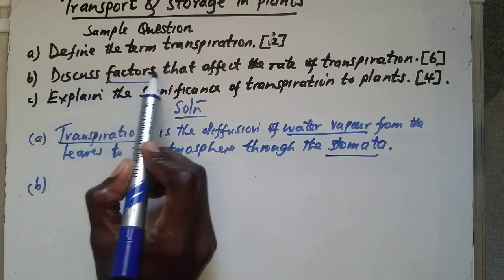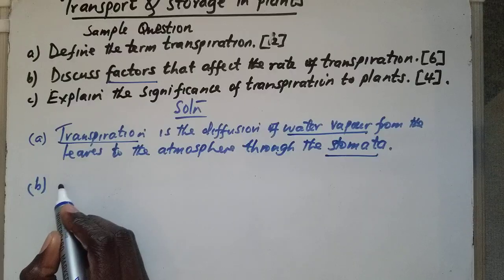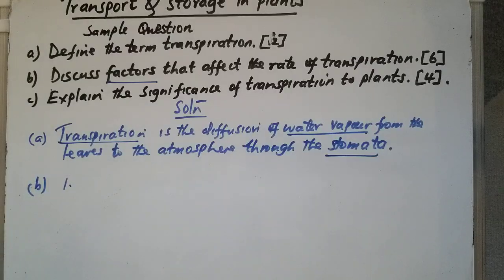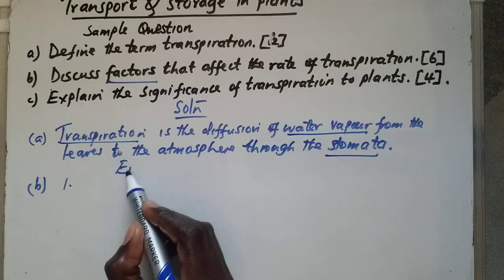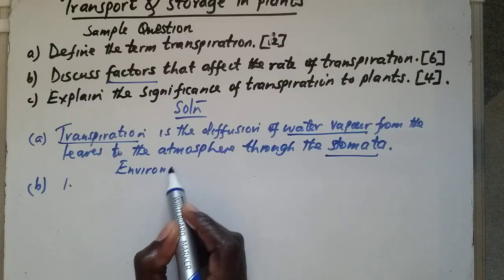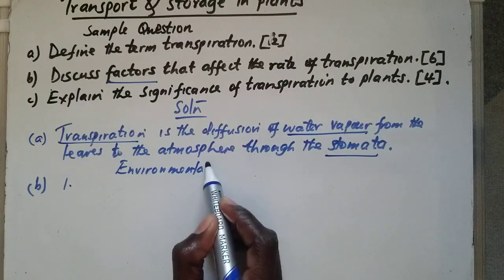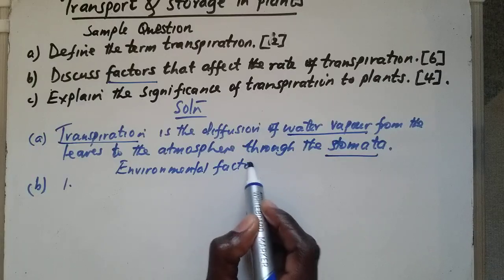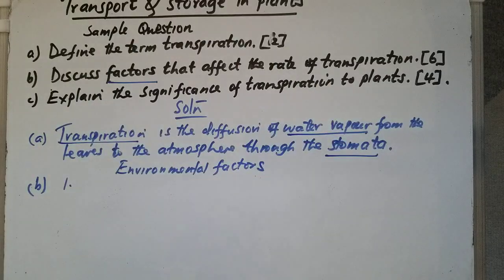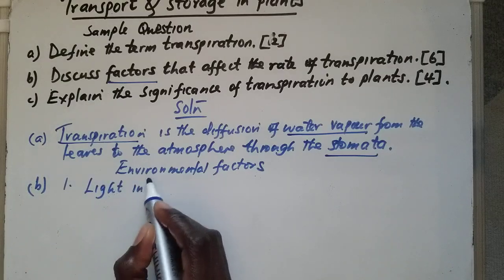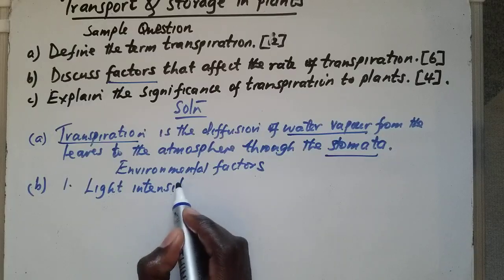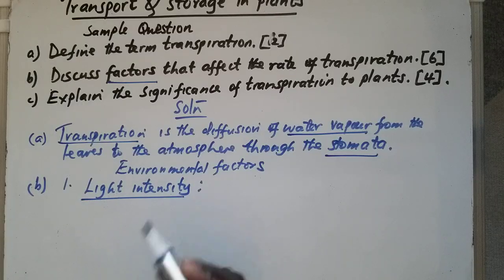So it says discuss factors that affect the rate of transpiration. There are a lot of factors that affect the rate of transpiration. In most cases, we talk about environmental factors. The environmental factor we can talk about first is light intensity, or if you want, you can just simply say light.